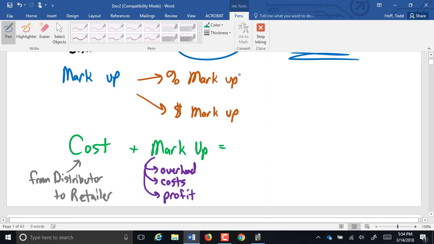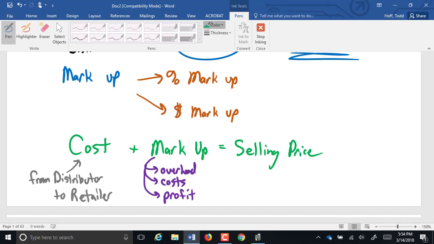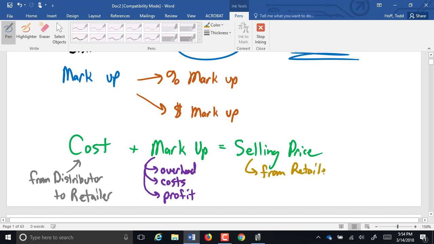And of course, the cost plus the markup is equal to the selling price. This is the price charged from retailer to consumer.